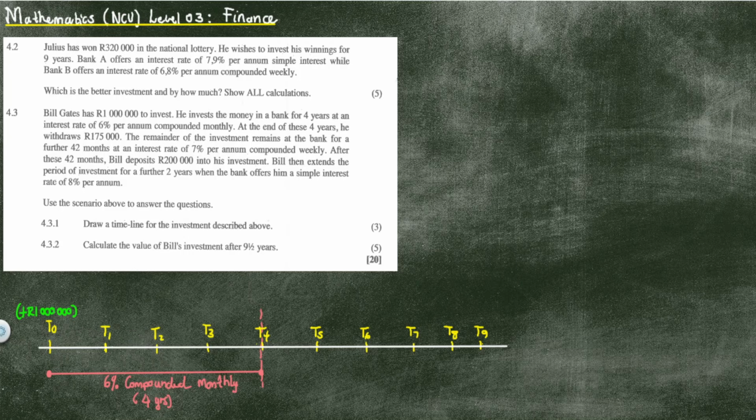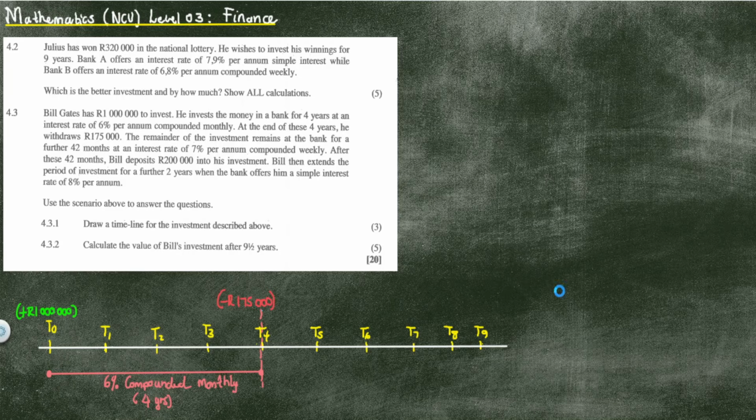So it's T0, it's 1, 2, 3, 4 years. It's a 4-year period. Then the second part of the question says, at the end of these 4 years, he withdraws a certain amount. It's 175,000 rand. It's taken out of the account. The remainder of the investment remains at the bank for a further 42 months. So 42 months, guys.